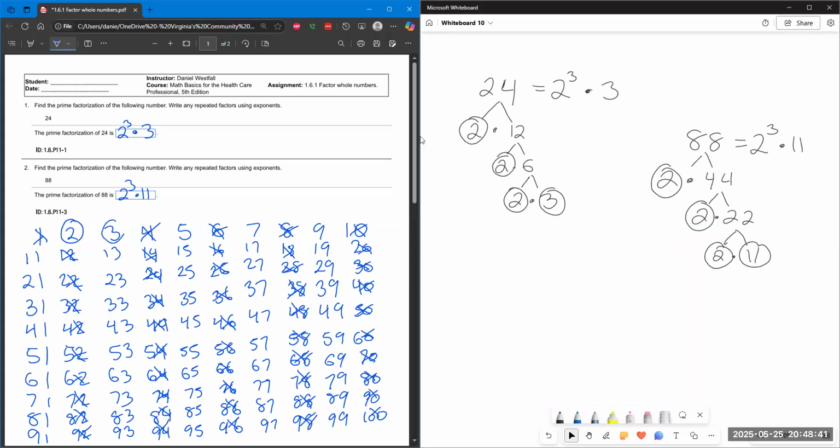So then the next number is 3. We're going to cross out all the multiples of 3, moving 3 at a time. Every other one will already be crossed out if it was even.